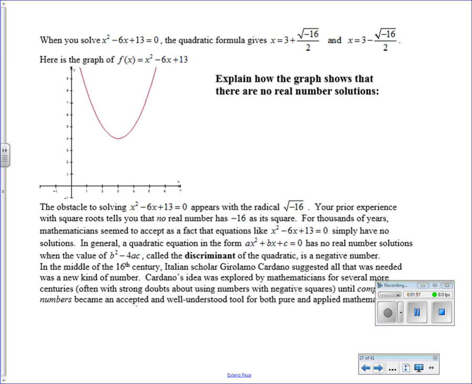Okay? And then later on, around the 16th century, they decided that all we needed was a new kind of number to represent all these crazy negatives in the square roots that existed. And so that's where they came up with this whole new number system, which is called imaginary numbers. And then it became more accepted later on. So it took a few centuries.